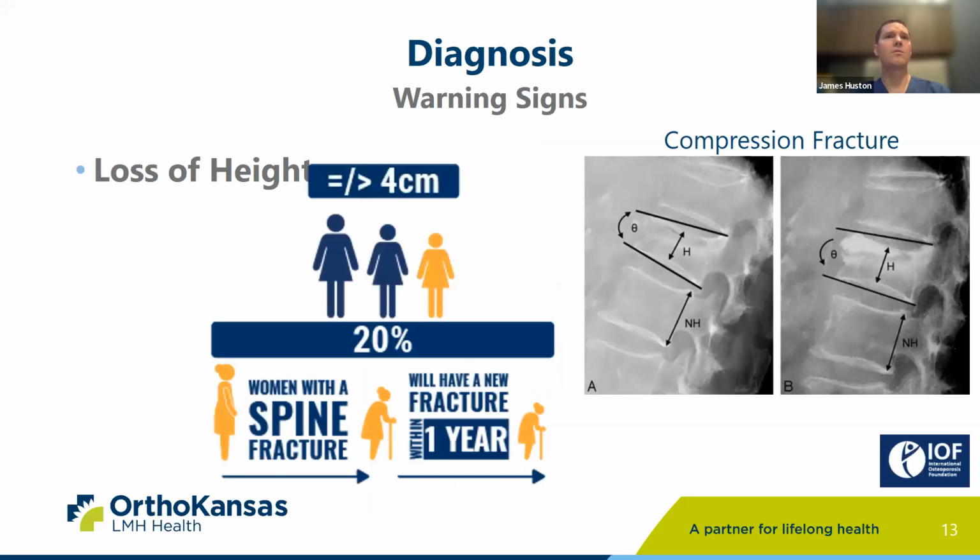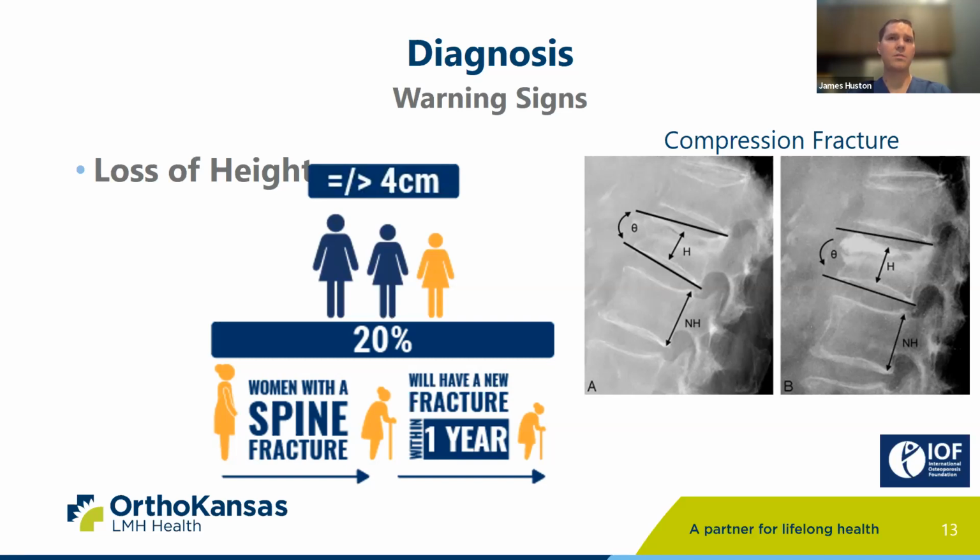So warning signs to look for, as I briefly mentioned before, compression fractures certainly are one. If a patient or a loved one has increasing forward bending of the back, or kyphosis, or decreasing height. If you notice that you're getting measured at the doctor's office and your height is decreasing, there are multiple things that could lead to that, but probably the most common is compression fractures or flattening out of the discs in the back.